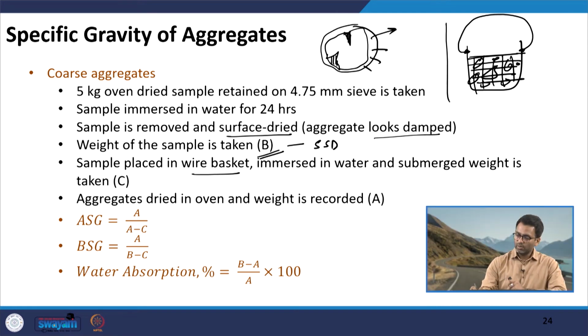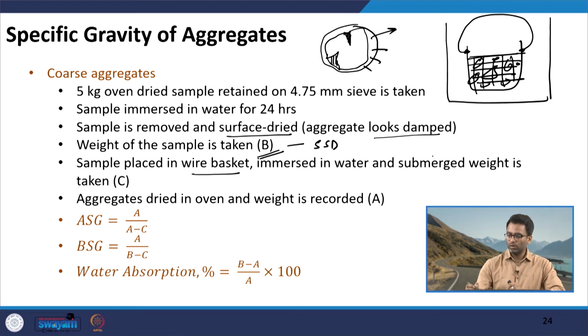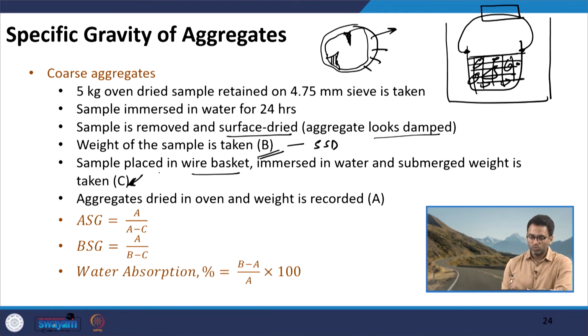This entire assembly we put in water, and we measure the submerged weight of this aggregate, which is taken as C. This is the immersed weight, equal to C.